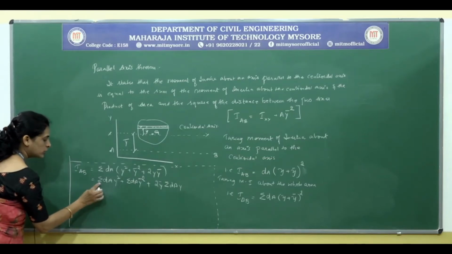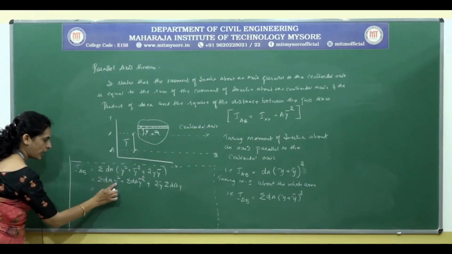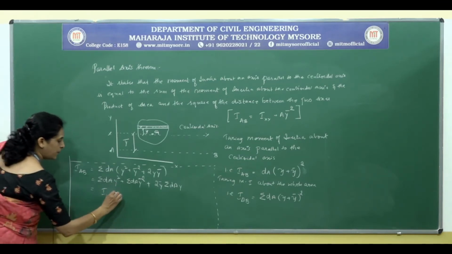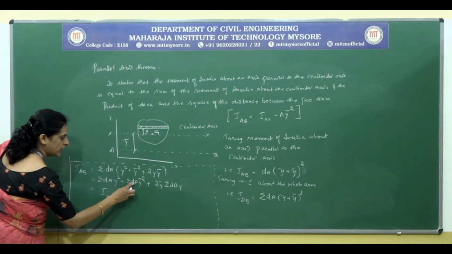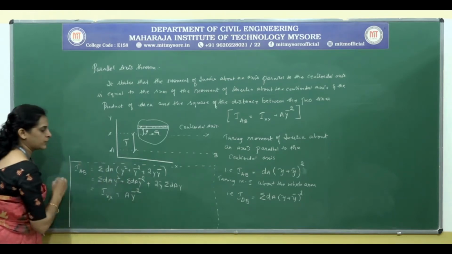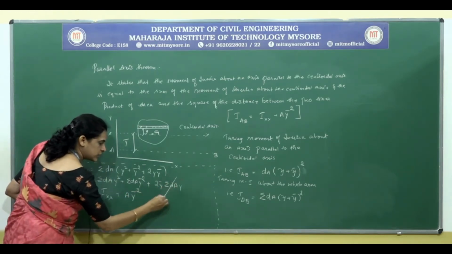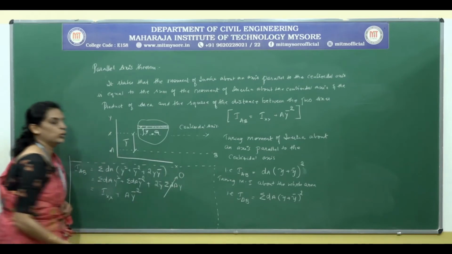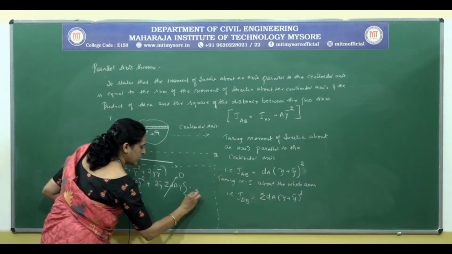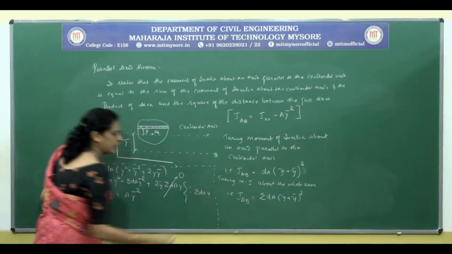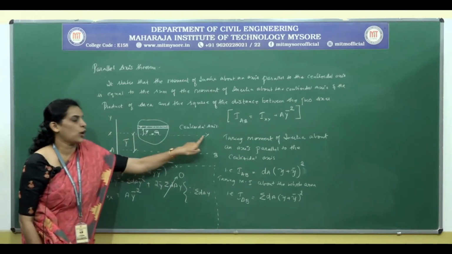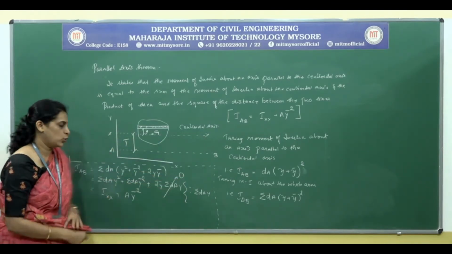Now, summation of dA y square is Ixx, plus summation of dA y bar square is A y bar square, while this term will be 0, as summation of dA into y, the moment about the centroidal axis, is 0.